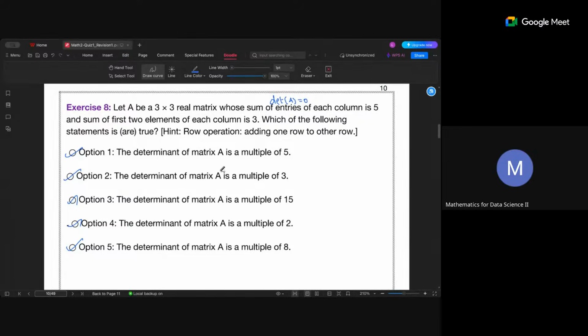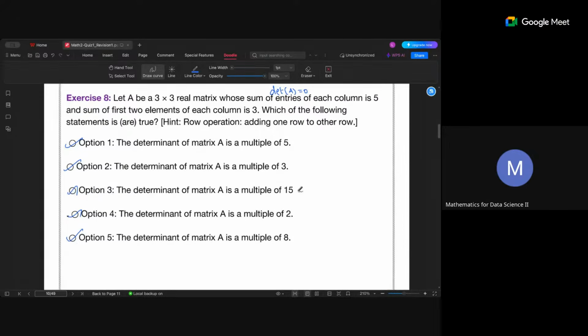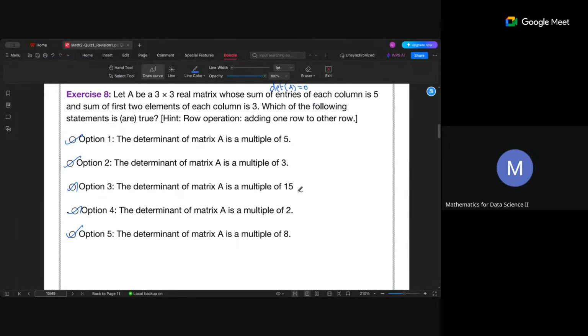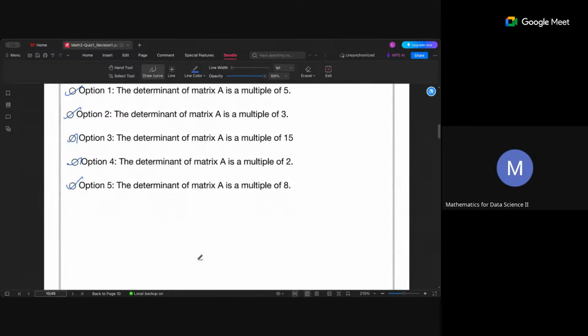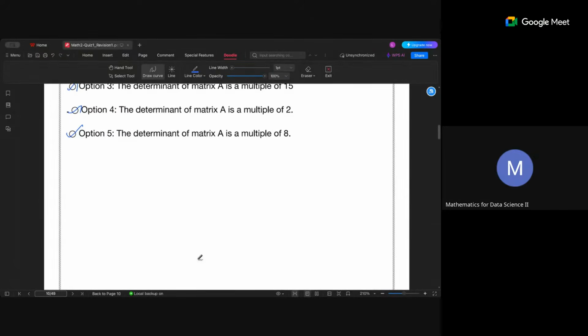Okay, so we have a 3 by 3 matrix whose sum of entries of each column is 5. So what does this mean? Sum of each column is 5. You have a 3 by 3 matrix A equal to A11, A12, A13, A21, A22, A23, A31, A32, A33.